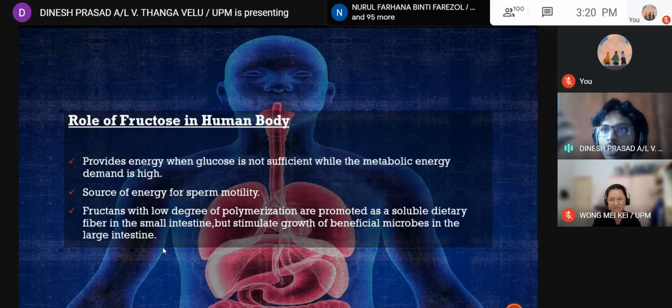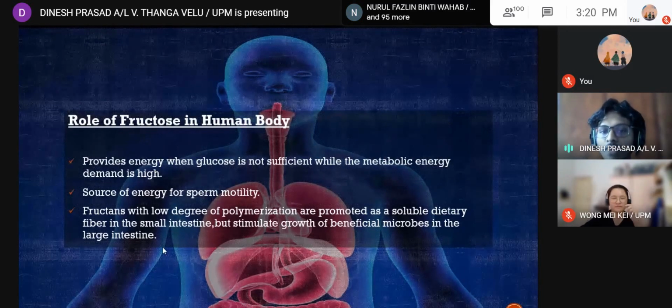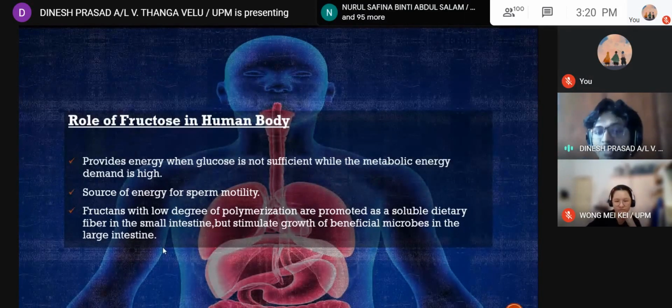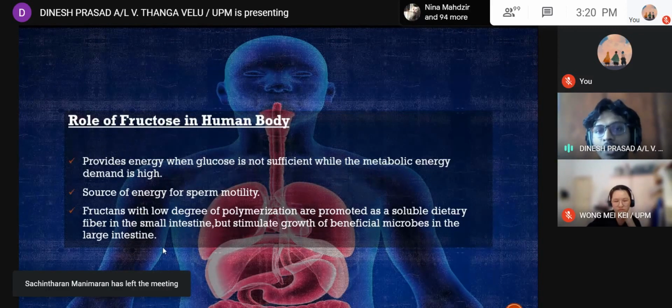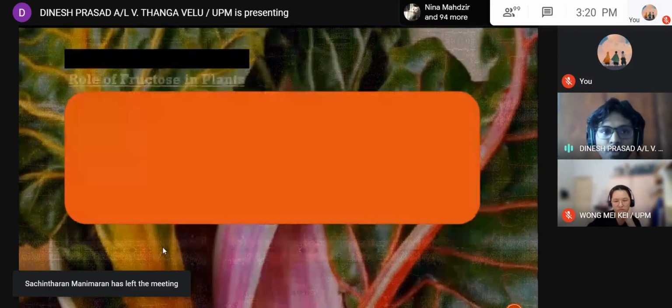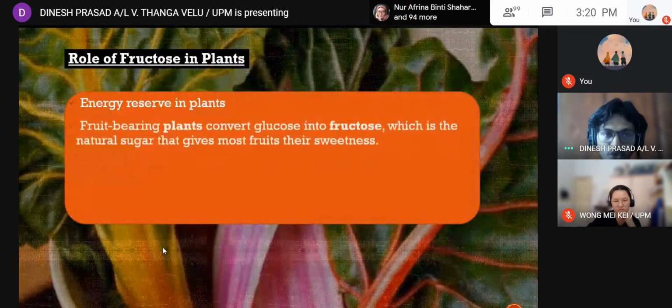The fruits, we normally say them as fibers, which can't be digested by our body. Those fibers are actually the fructans. And in the large intestine, these fructans stimulate the growth of beneficial microbes, which can help in breakdown of carbohydrates. And the next one is role of fructose in plants.